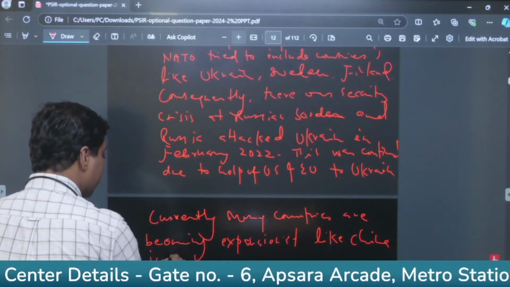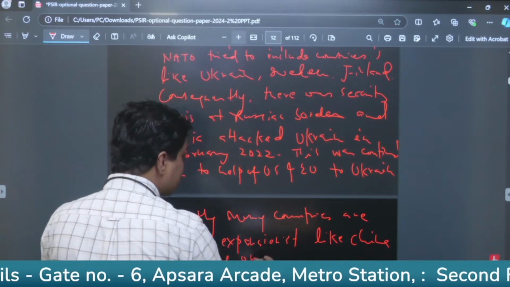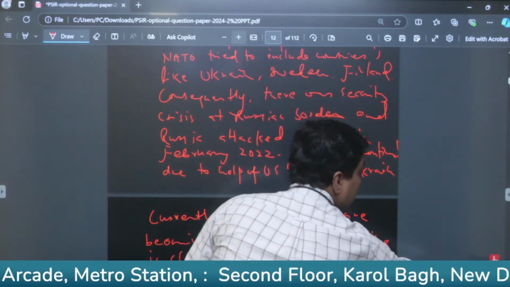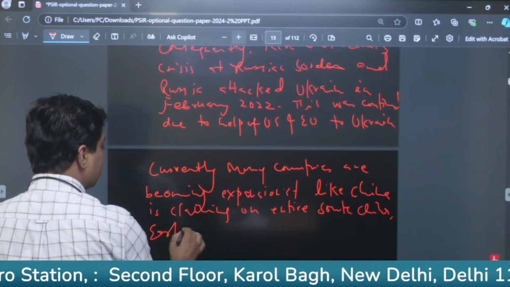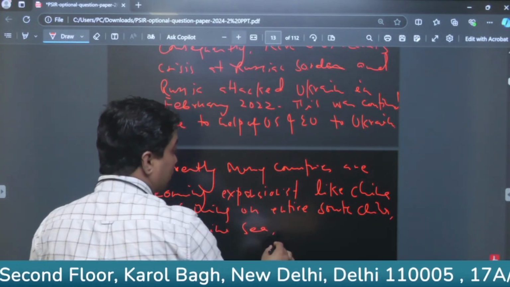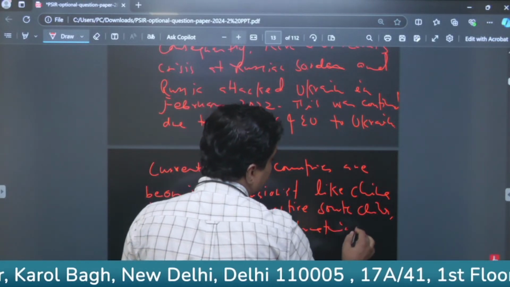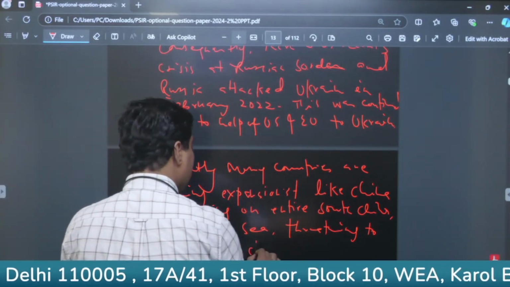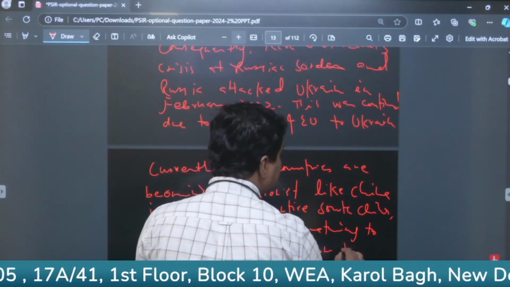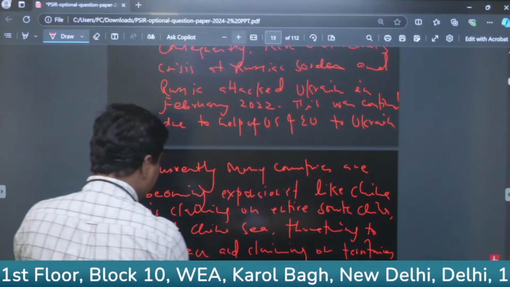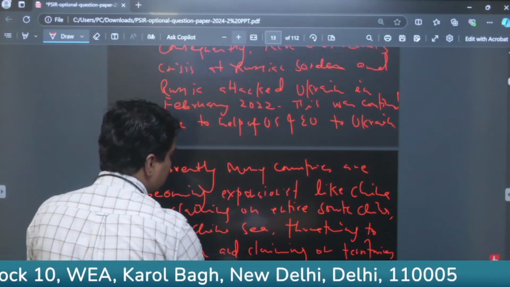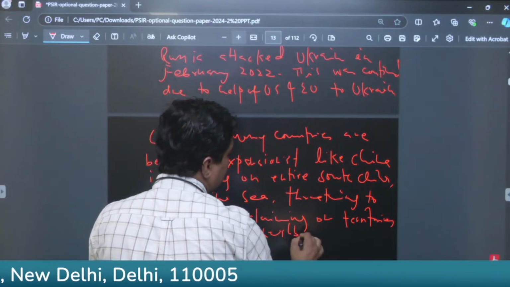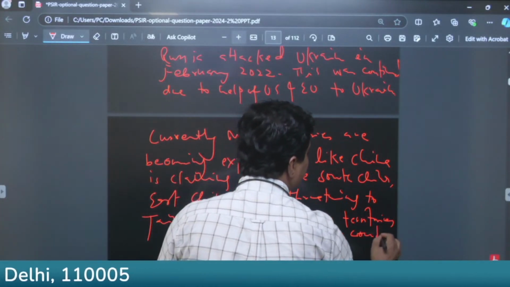China is claiming the entire South China Sea and East China Sea, threatening Taiwan, and claiming territories of India and neighboring countries.